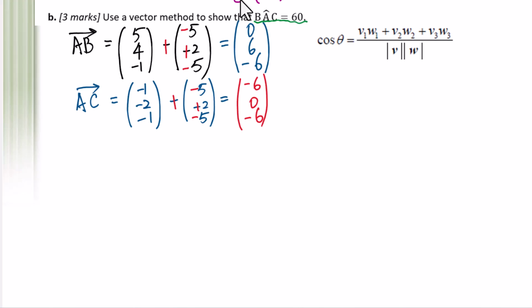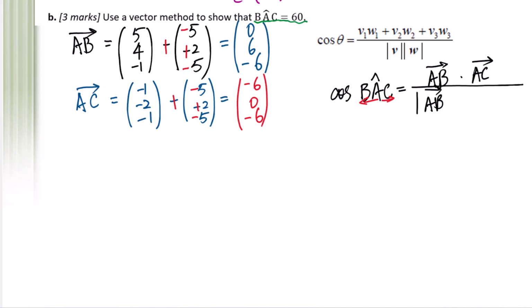We do know cosine BAC equals, from AB and AC, we have to use these two vectors: vector AB dot vector AC all over the absolute value of vector AB times the absolute value of vector AC.